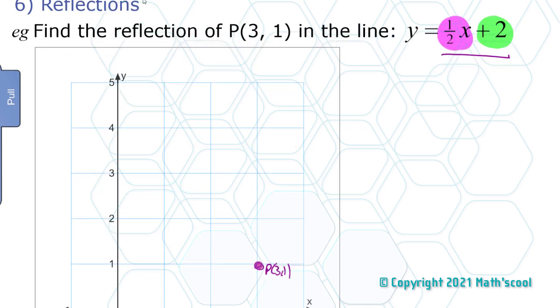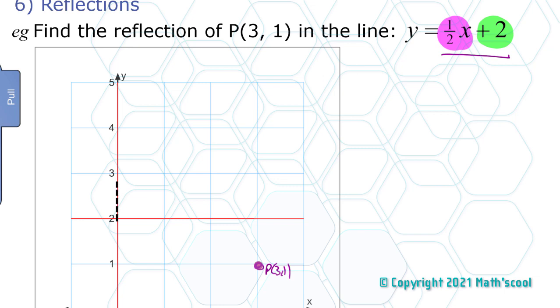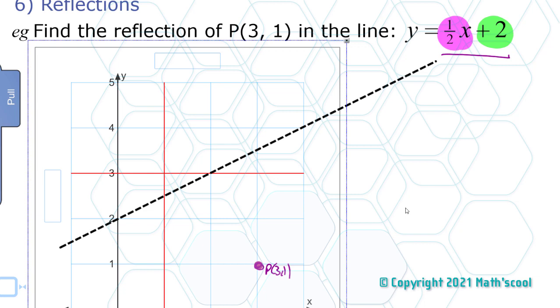So I'm going to start from 2, and I'm going to go 1 up and 2 across, and so that's going to be my line. Okay, and that's supposed to be a mirror line, so I want to find the reflection of P in that mirror.